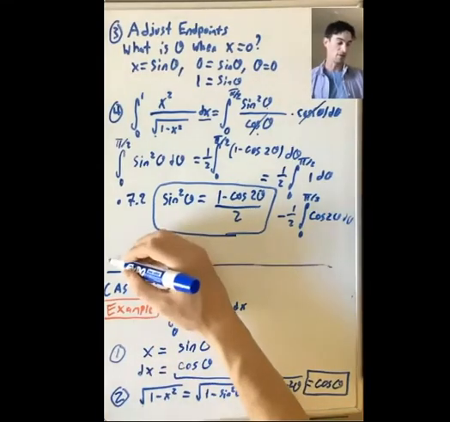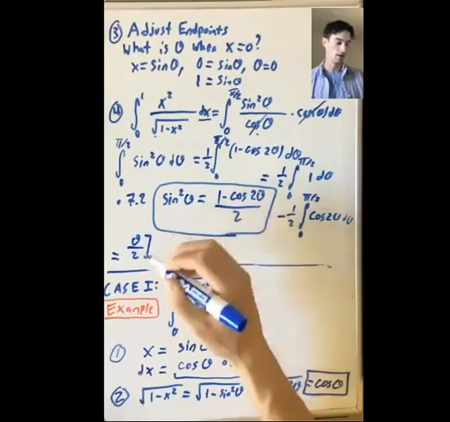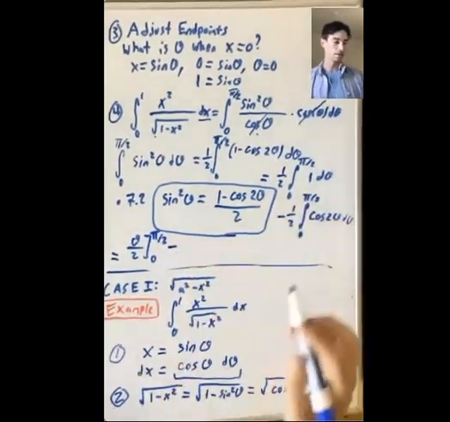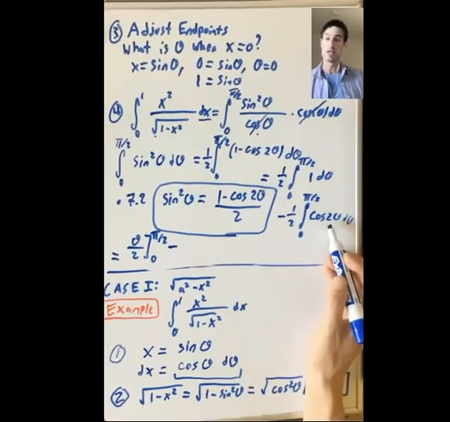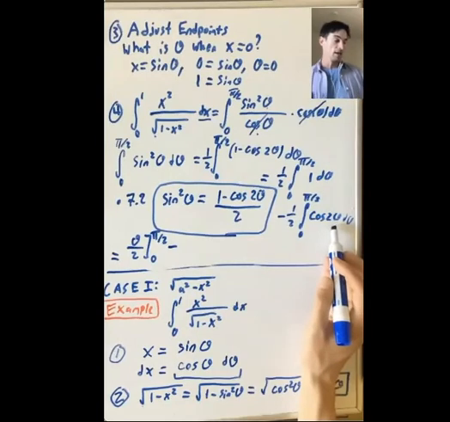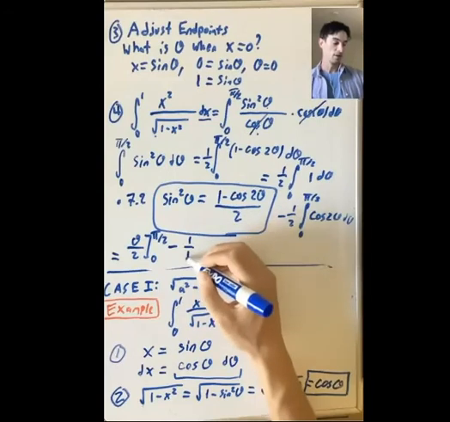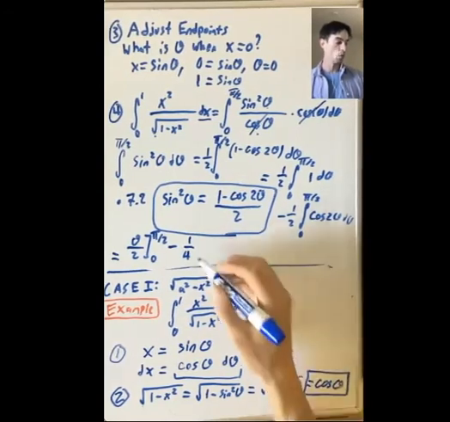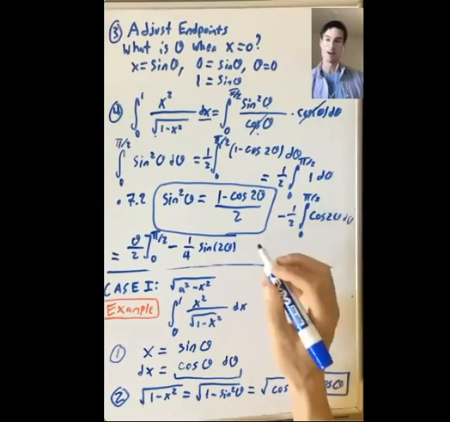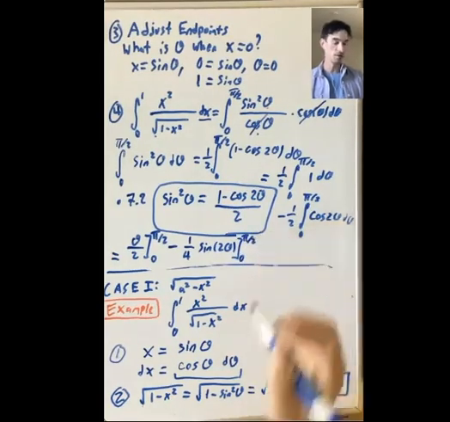We know an antiderivative of the first part is just theta over 2, from 0 to pi over 2. Minus, well, you could do u substitution here. Let u equal 2 theta. Then du is 2 d theta. So we're missing a 1/2. So an antiderivative here is 1/4 sine 2 theta, just like we saw in the video, from 0 to pi over 2.